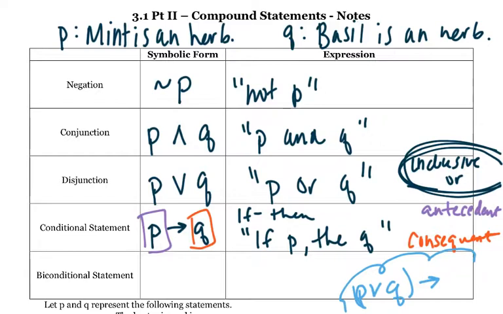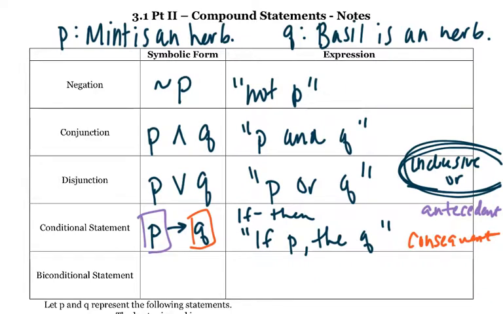If P or Q, then not P and Q. In this case, the P or Q is the antecedent, and the not P and Q is the consequent.